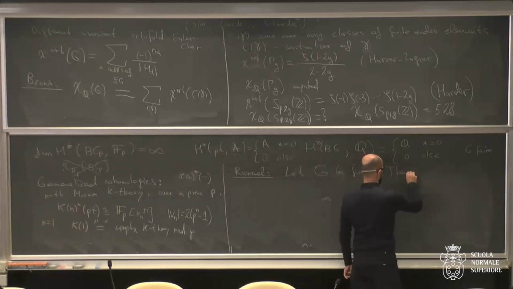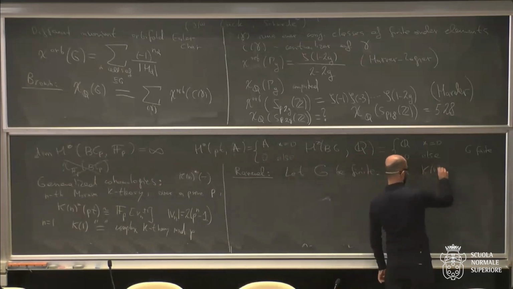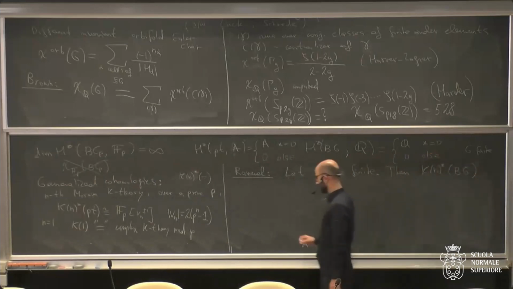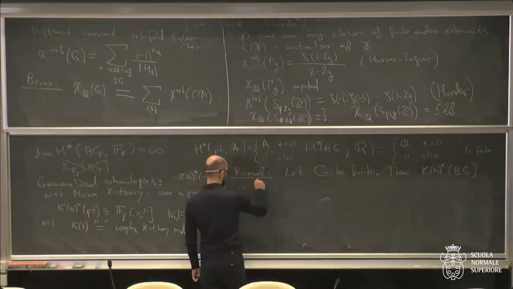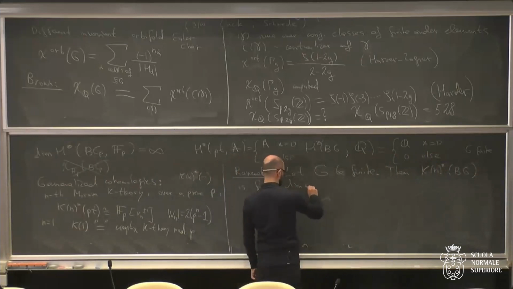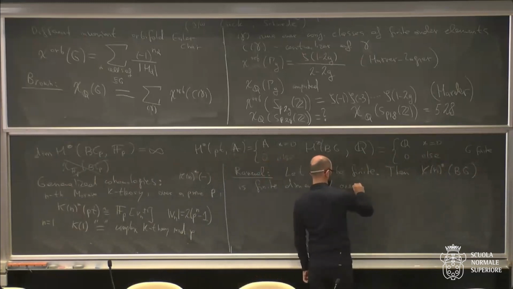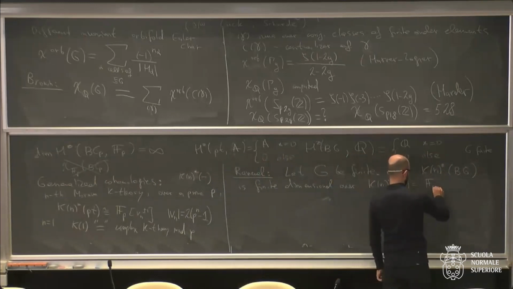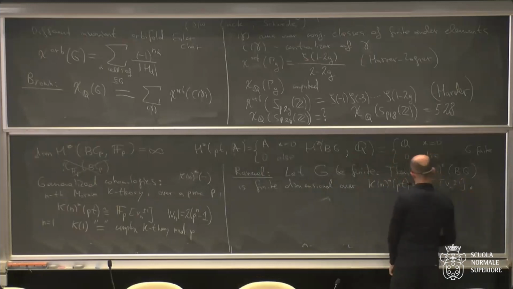Then K_n upper star of BG is finite dimensional over K_n upper star of a point, as a graded ring, which is F_p[v_n^{±1}]. Okay, so what does this mean?